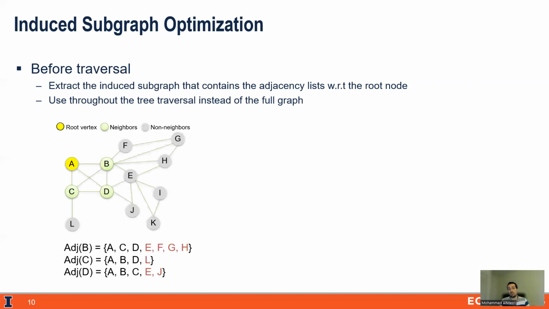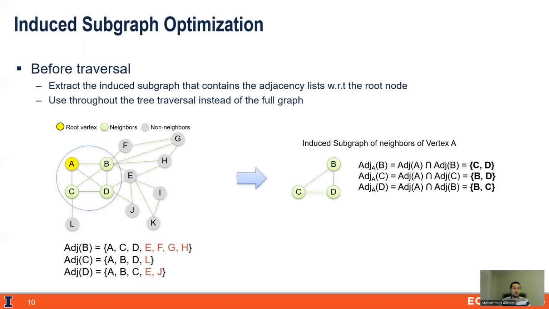Here we show that if we start from a root vertex A, the adjacency lists of its neighbors like B, C and D will have some irrelevant vertices that will never be reached by A. So this is irrelevant work and needs to be removed.